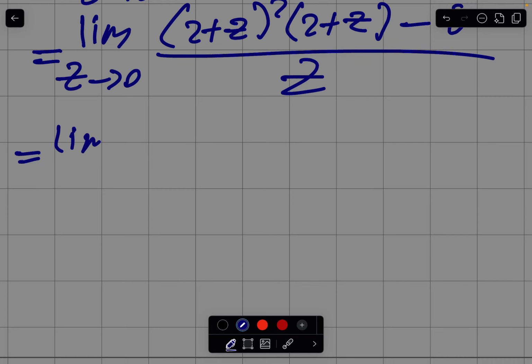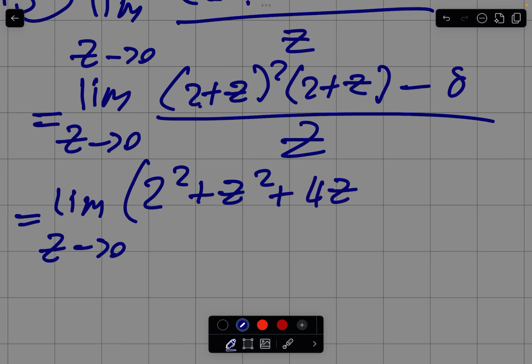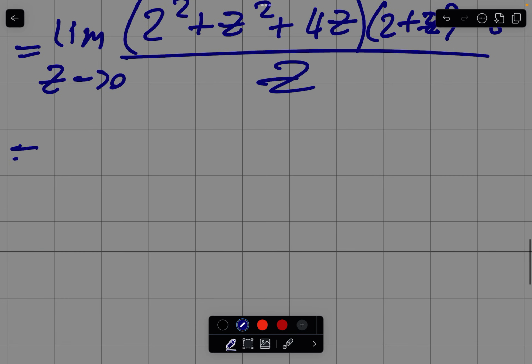We're going to have the limit as z approaches 0. Multiplying this out, you're going to have 2 squared plus z squared plus 2ab, which is 2 times 2, which is 4z, into (2 plus z) minus 8, all divided by z.